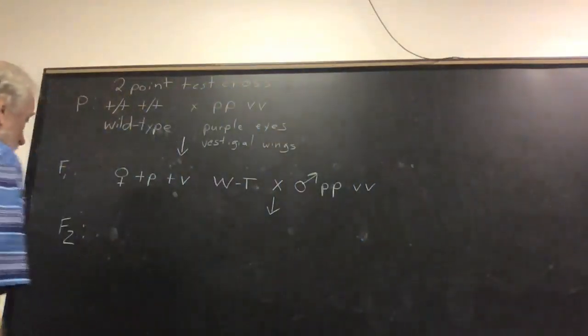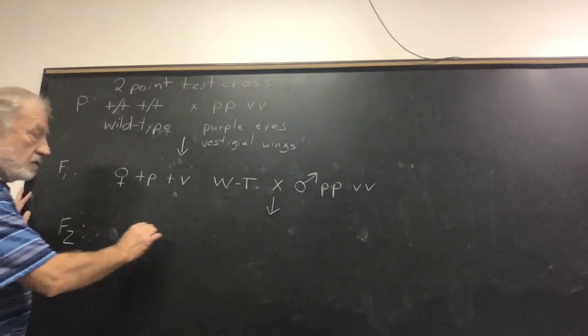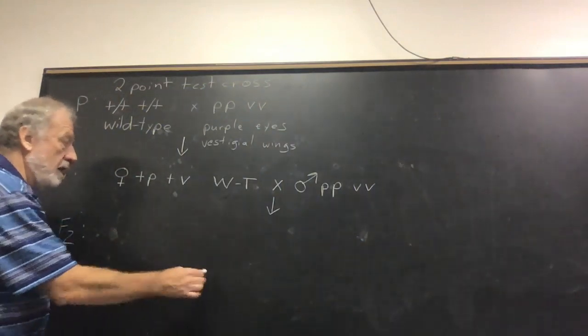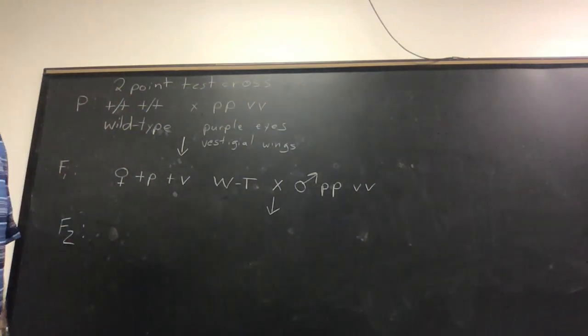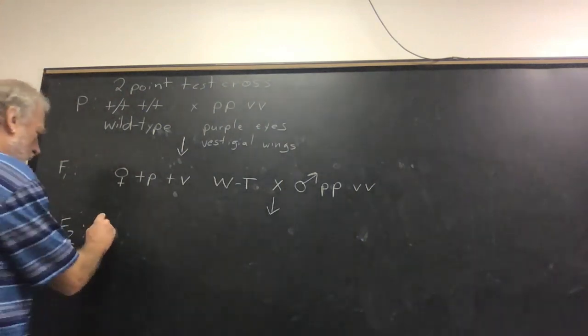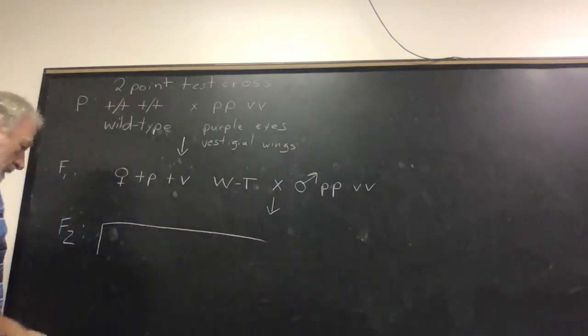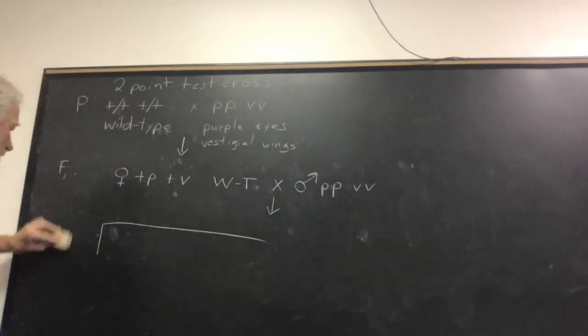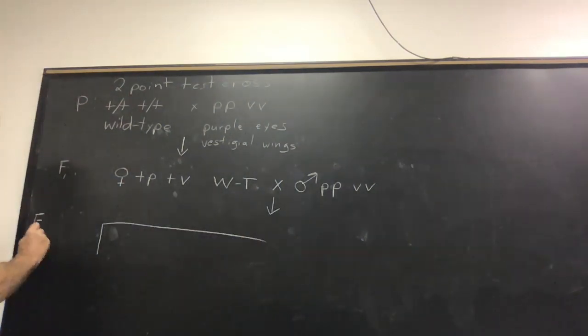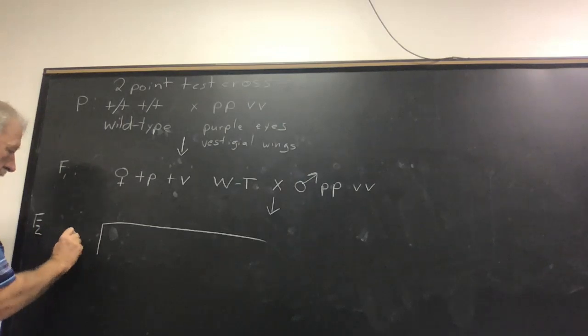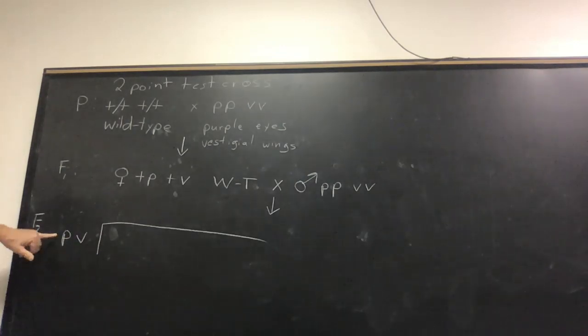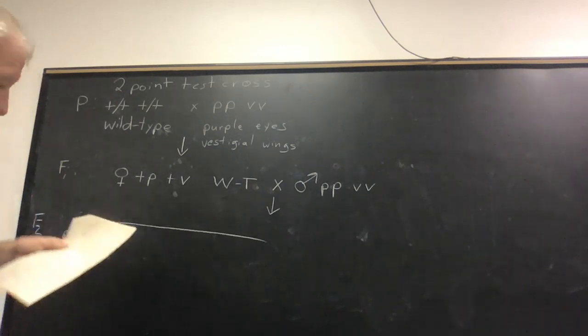I'll put the female's contribution across the top and the male's across the bottom, so we have a modified Punnett square. All of Dad's gametes are purple and vestigial.